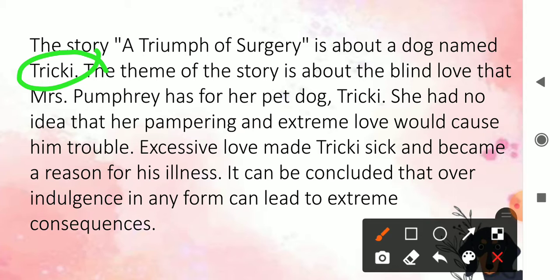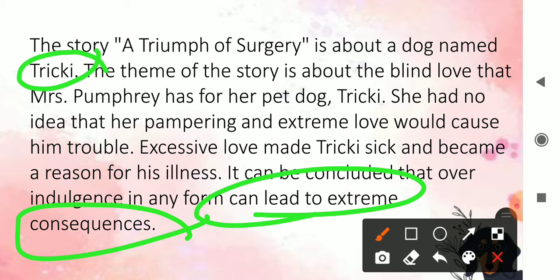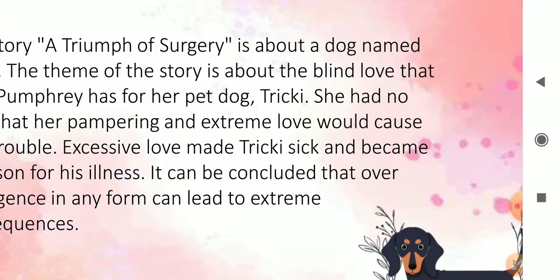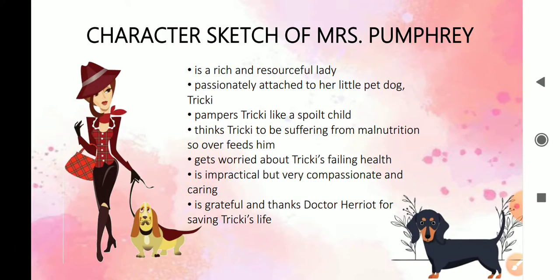Excessive love made Tricky sick and became a reason for his illness. She fed him so much that the dog got sick. The story shows that if you overindulge in any concern, it can lead to extreme consequences or trouble.